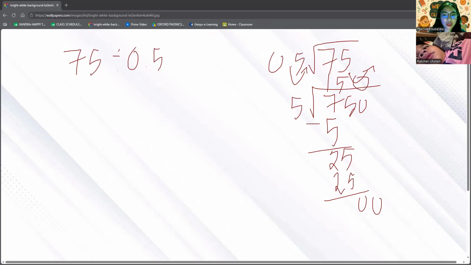So we don't have anything to bring down, and the answer is already 0. So what is our final answer for 75 divided by 0.5? So that's 150. Okay.